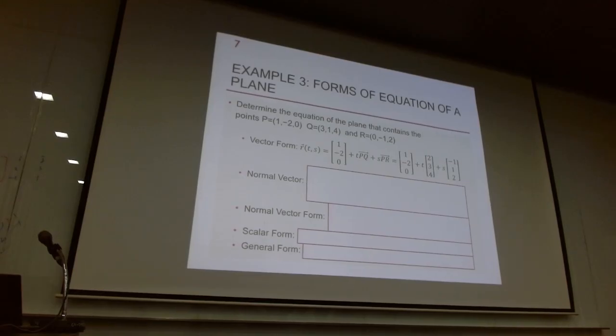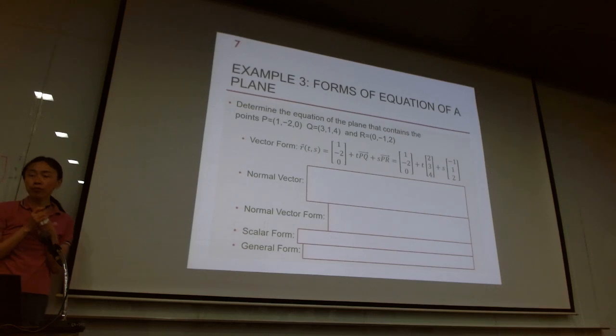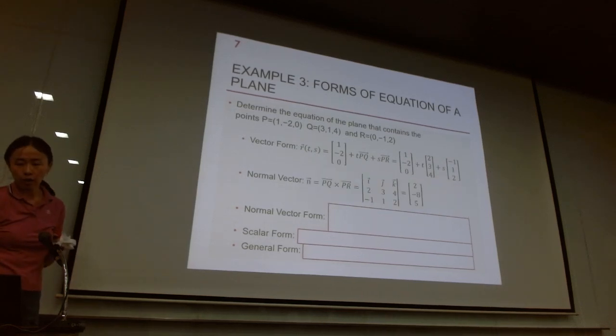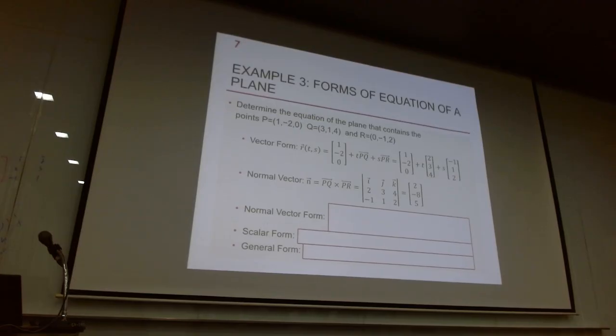Maybe I use a dash, the real line. So 1, 2, 3, 2 minus 4, 1. Then you will get what? 2, right? No problem? Okay. Then the next one.